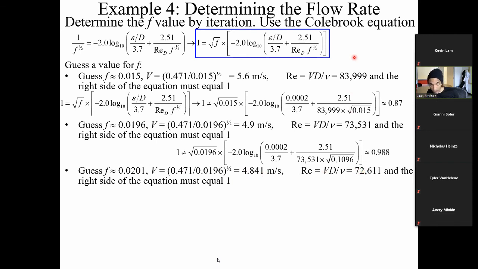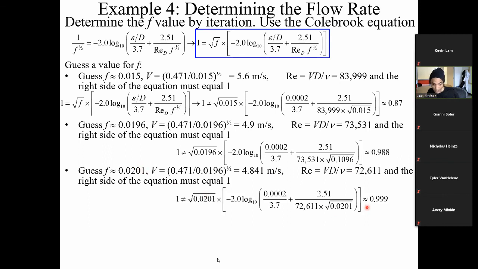So you see that the Reynolds numbers are going towards an asymptote, some value. Now we have this new Reynolds number. We can plug it into the Colebrook equation with this new friction factor that we just found, and we're now at 0.999. That's really close.